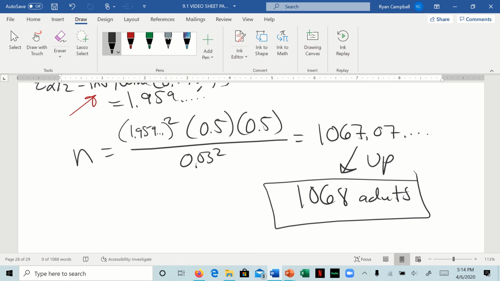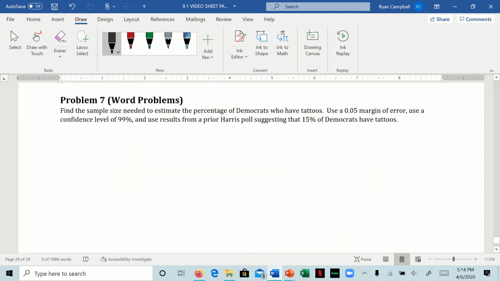All right, last problem. Find the sample size needed to estimate the percentage of Democrats who have tattoos. Use a margin of error of 0.05. Use a confidence level of 99%. And use results from a previous survey that said 15% of Democrats have tattoos. So find the sample size. So obviously it's a sample size problem to estimate the percentage.